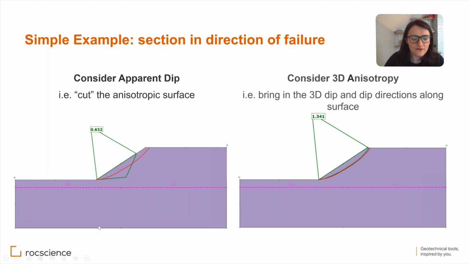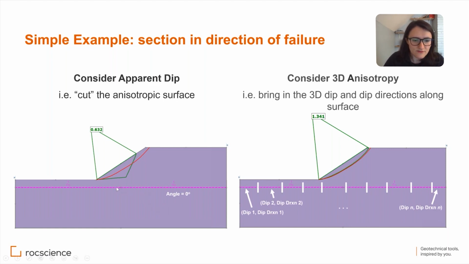So on the left, we have the apparent dip method. So again, this is where we just cut the anisotropic surface and bring it in. On the right, we have a method that considers the 3D anisotropy. So that means that this section knows that the anisotropy isn't just a horizontal plane, it's that 3D plane, which we defined. And how is this done in the computations?